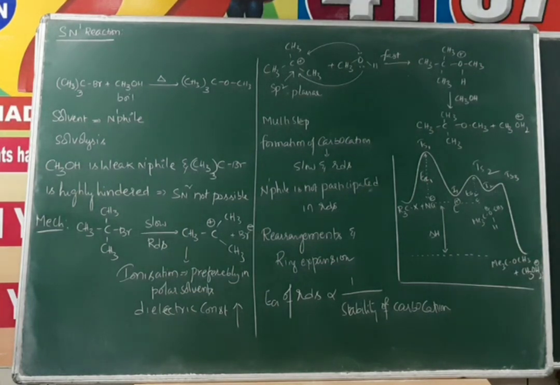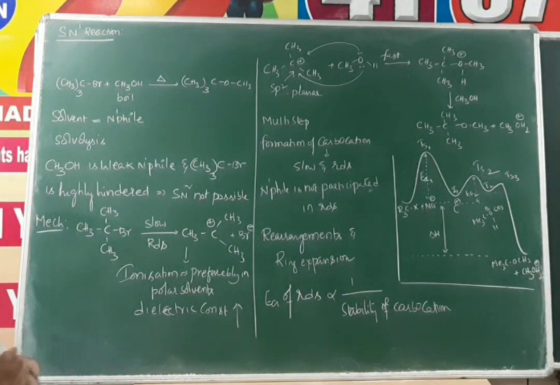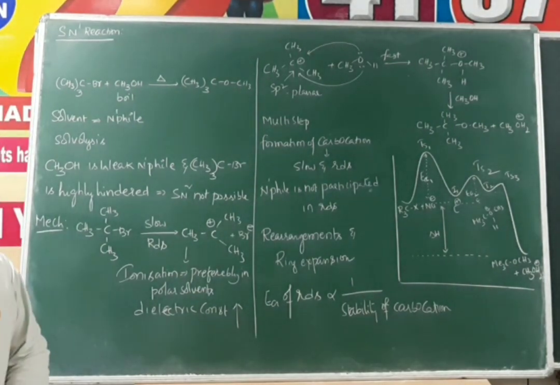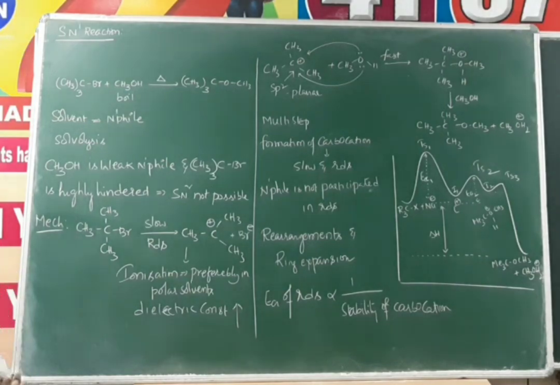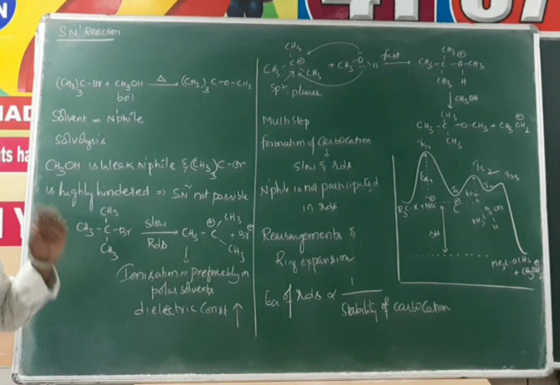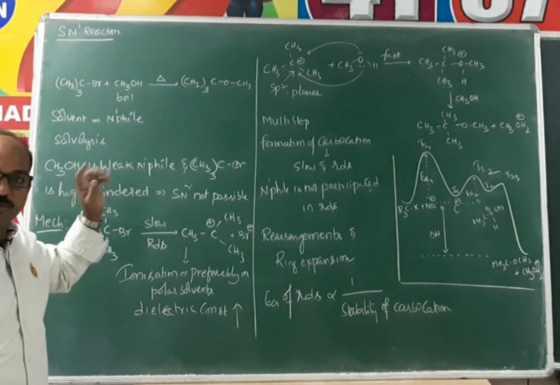So far in previous sessions we discussed SN2 reaction, stereochemistry, and factors favorable for SN2 reaction. In SN2 reaction we discussed that substitution nucleophilic bimolecular means in the rate law both a nucleophile and a substrate are going to participate.